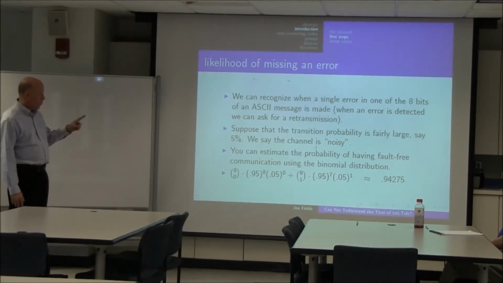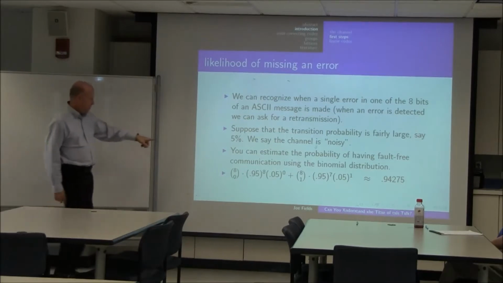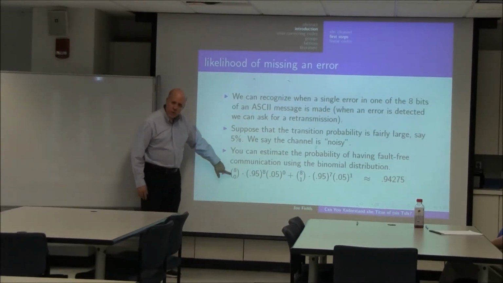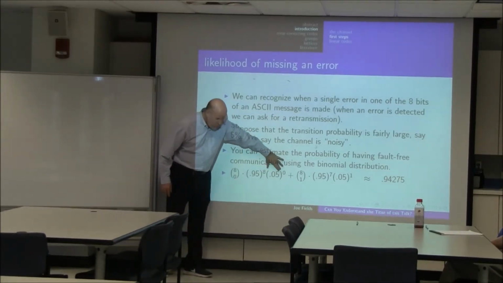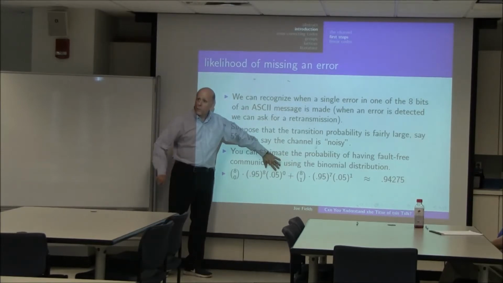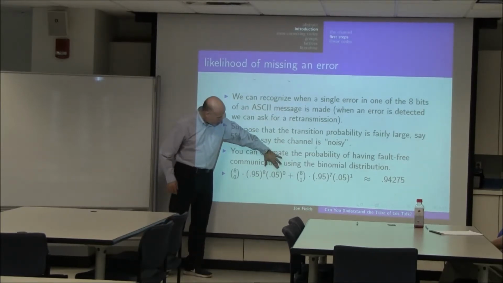So what you can get then is H0, so no positions are in error. 0.95 is the probability of correct transmission, so that's to the 8th power. And 0.05 is the probability of incorrect transmission, or that it gets switched.